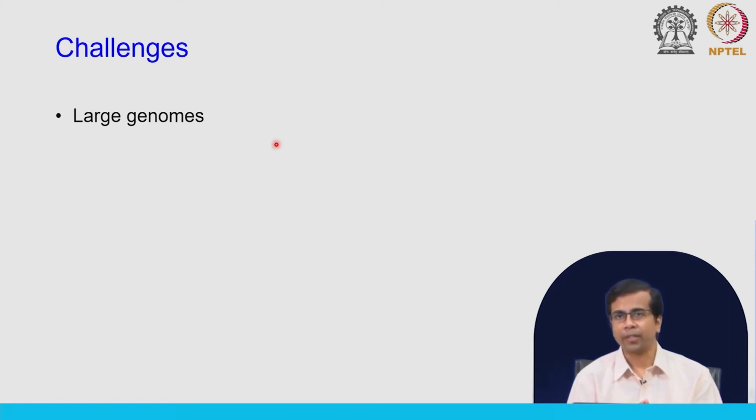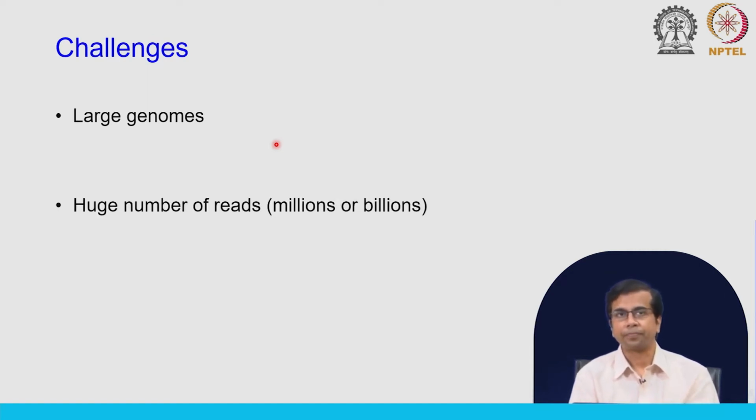So, what is the problem with big genomes? Why is that a challenge? Because then you have many potential locations where this read can come from. So, you have to check all these locations, and this takes time and computational resource. This is why the large genomes are a challenge for us.